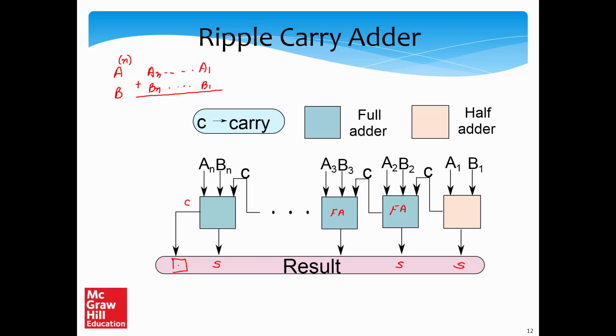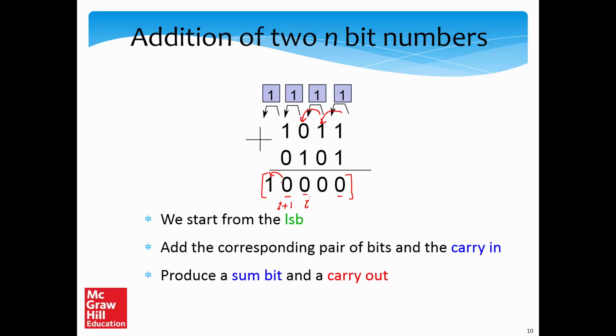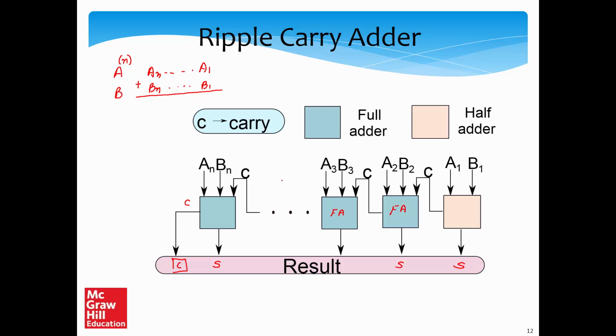This is exactly the same as the addition that was done over here. The only important point to note is that at the least significant position, we have a half adder because there is no carry input, and the rest of the adders are full adders.